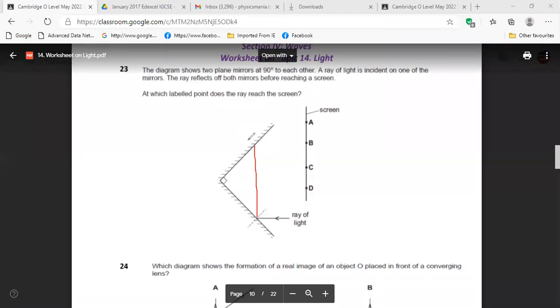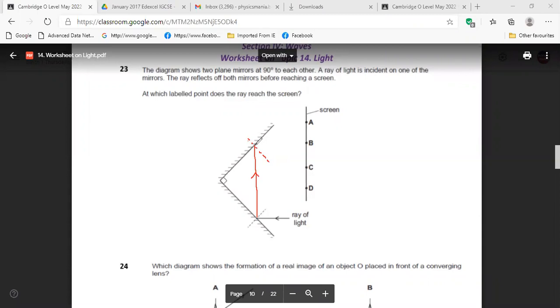Normal is perpendicular to the mirror surface, isn't it? Yes, sir. You give dotted lines. For the normal, we can also give a complete line, but if you draw dotted lines, then we can understand it is one imaginary line, and we can separate between the light rays and the normal.